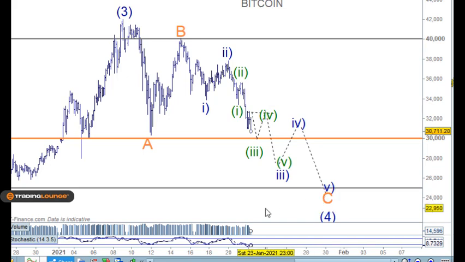Could we actually have a top in place and the market comes down much further? If that was going to be the case, then we would look at this as wave 1 here and wave 2 here and down for wave 3 here. Or we could also look at this as down for wave 1, back for wave 2, and also down for wave 1 and back for wave 2.